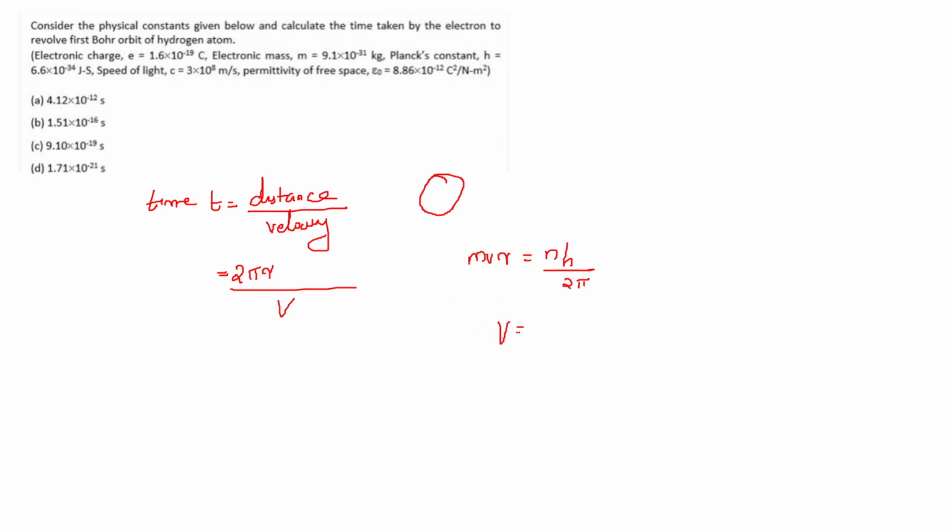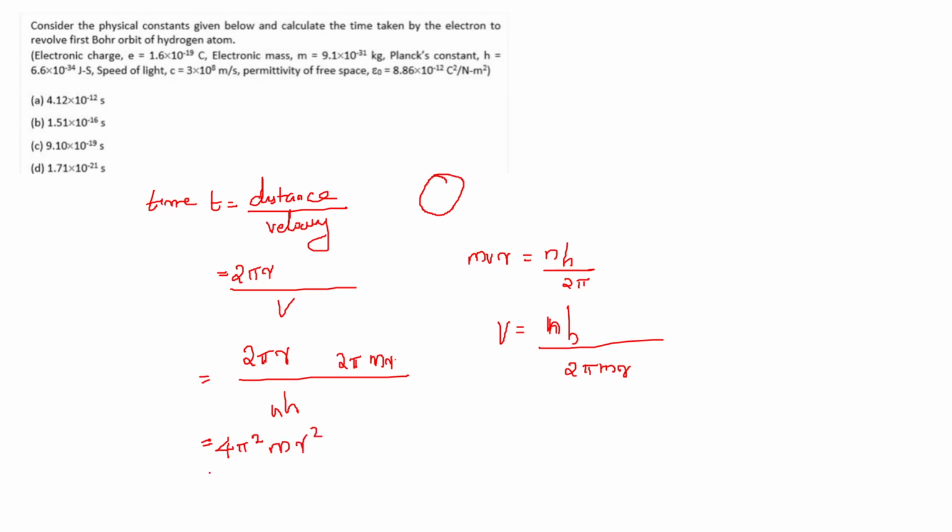From here we have to get the v value, so v equals nh by 2 pi mr. Then t will be 2 pi r divided by nh, multiplied by 2 pi mr. It will be 4 pi square mr square by nh.